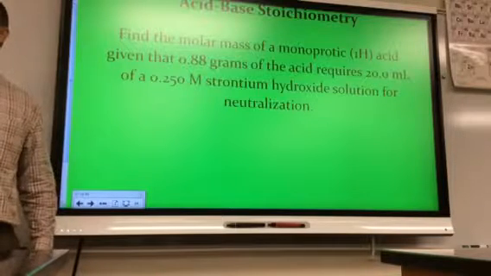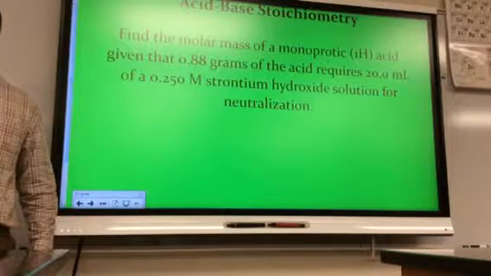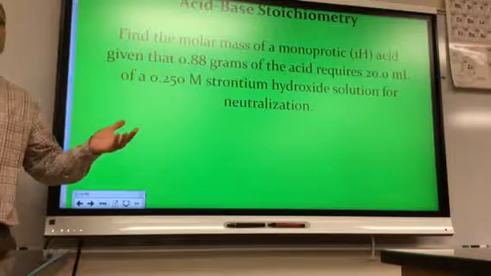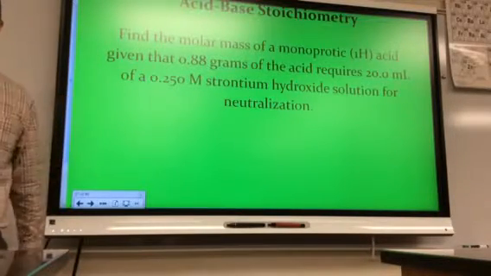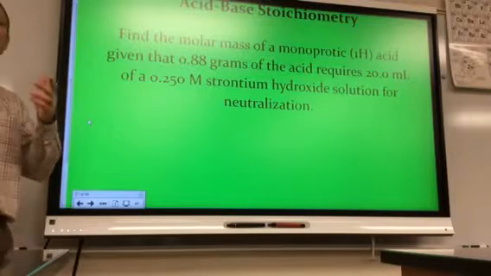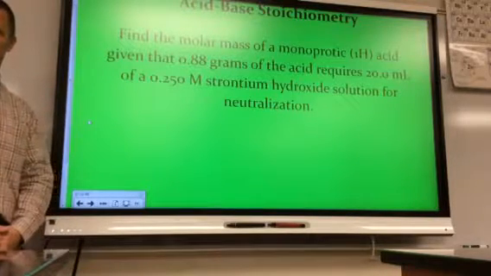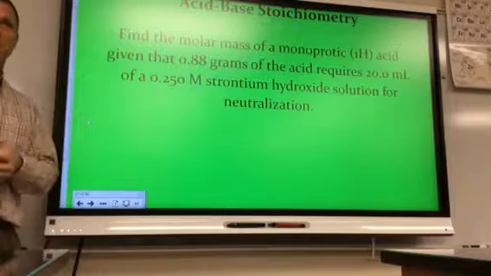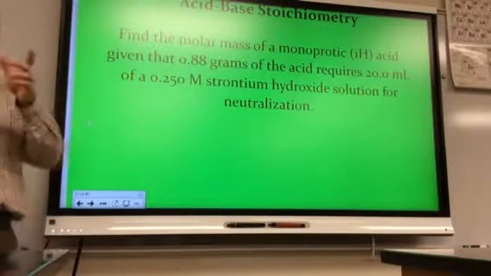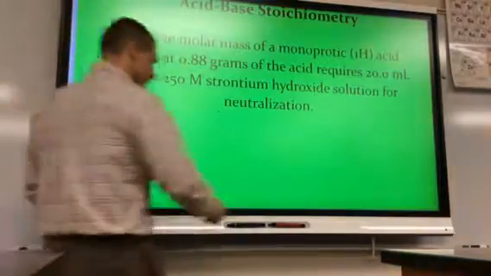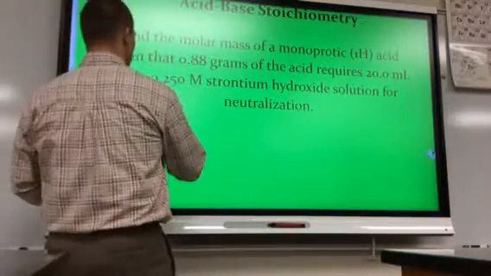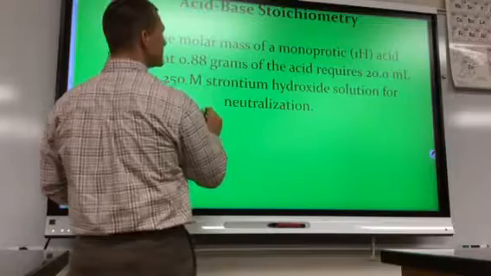Right. What's the formula of the acid? HX? Not H2X, right? That would be a diprotic acid. So since we don't know what acid it is, what is the charge on X? It's got to be a negative 1. Because if it were negative 2, you'd need 2 H's. And you don't need 2 H's, you need 1 H. Good. So yeah, our chemical equation is going to be like this.